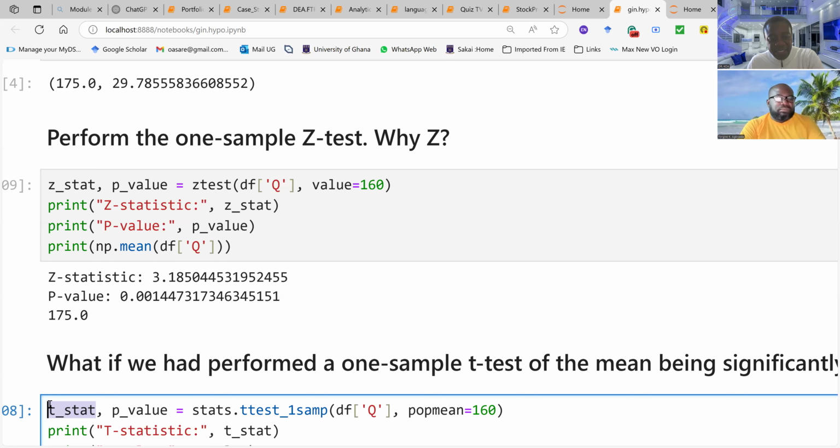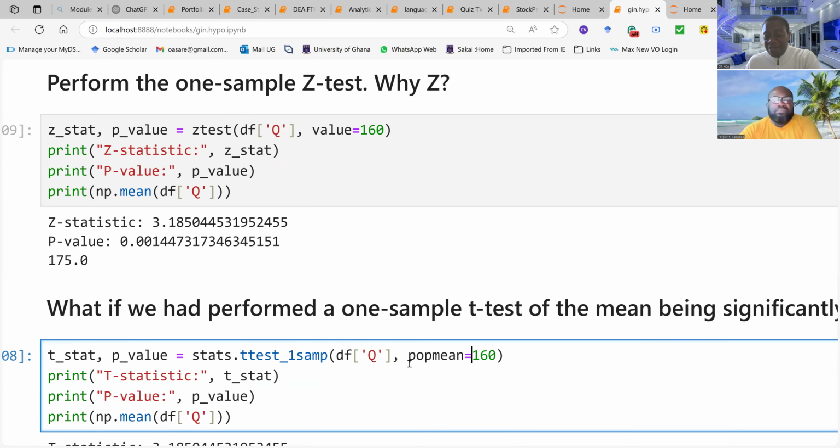You write t-test here, p-value, then you write stats.ttest_1samp, and then you write the name of the variable in question. And the population mean is written as popmean. I'm using the stats command. And that is all you got to do. The rest is just my own write-up.